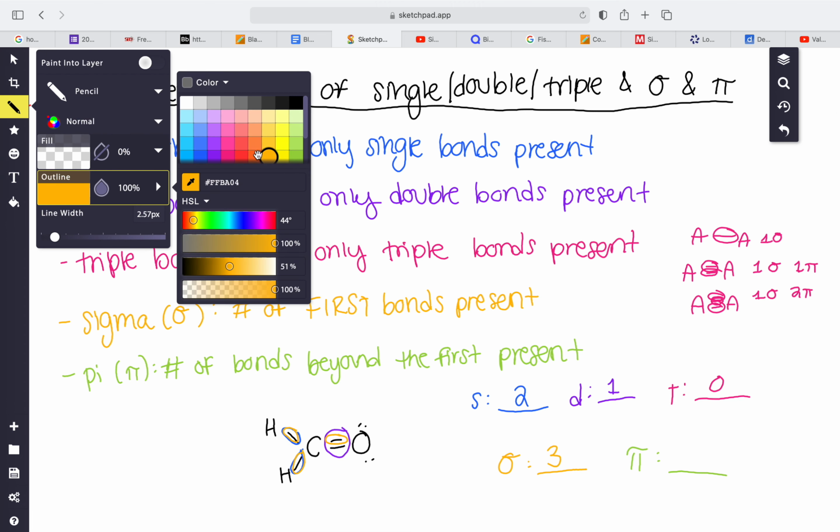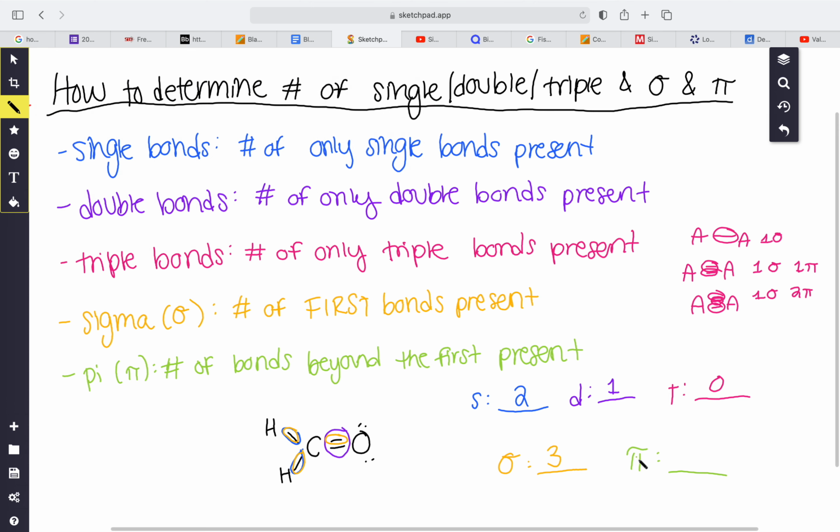Now, let's look at our pi bonds. So our pi bonds are any number of bonds beyond the first. This one, there's only 1 present, so that's not going to have a pi bond. There's only 1 present there, so that's not going to be a pi bond. Here we have 2. The first one was sigma, so that means the second one is going to be pi. So we only have 1 present there.